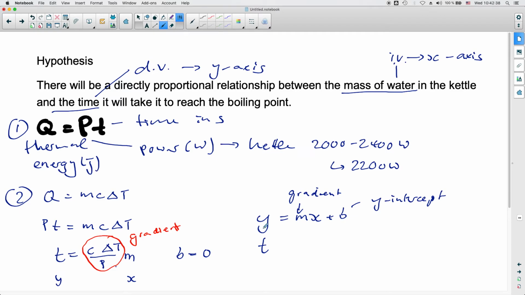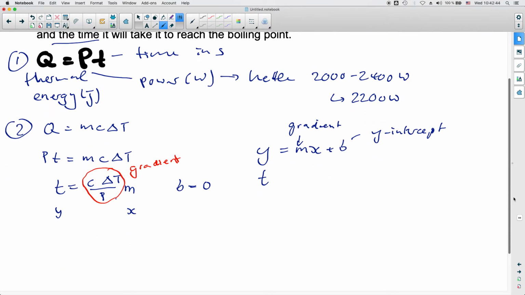Now I have this equation here, and this equation shows me that I don't have a linear relationship. This would be linear, but this one here is actually directly proportional. Directly proportional means it goes through the origin.